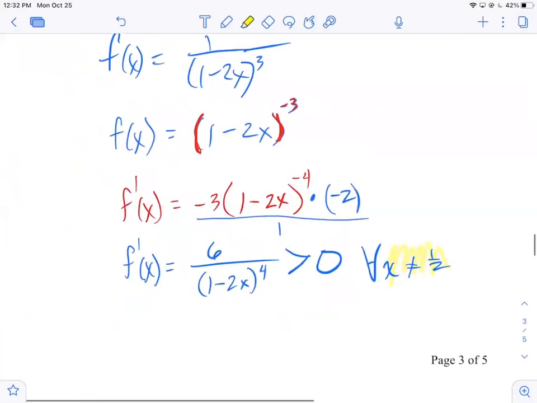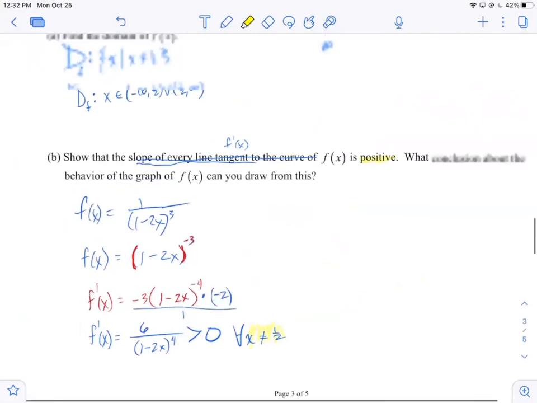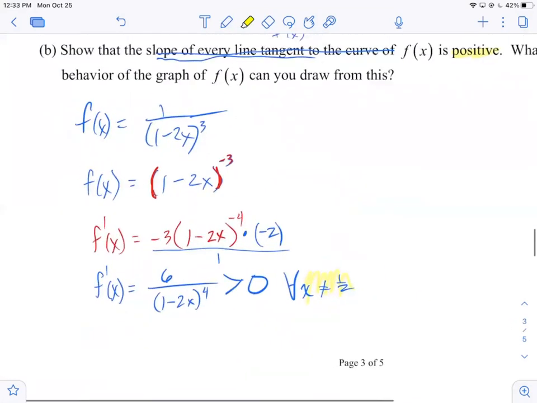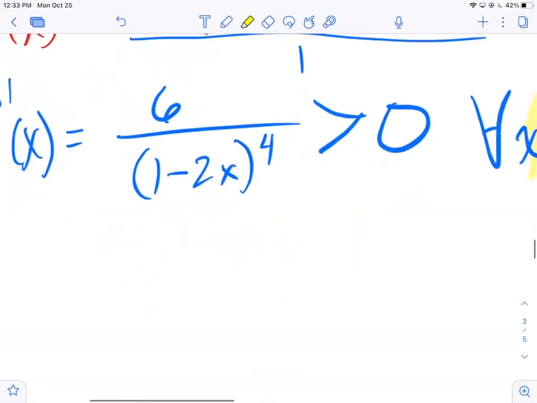You're finding the derivative, you're cleaning it up, and you're saying it's greater than 0 for all x in the domain. Now, here's what else is cool. Remember that 1/2 was not in the domain of the function, so the function doesn't exist. I asked you, does the derivative exist at 1/2? And y'all all said, heck no, it can't exist, right? Does the derivative function know that it's not supposed to exist at 1/2? Yes, it has a built-in safeguard.